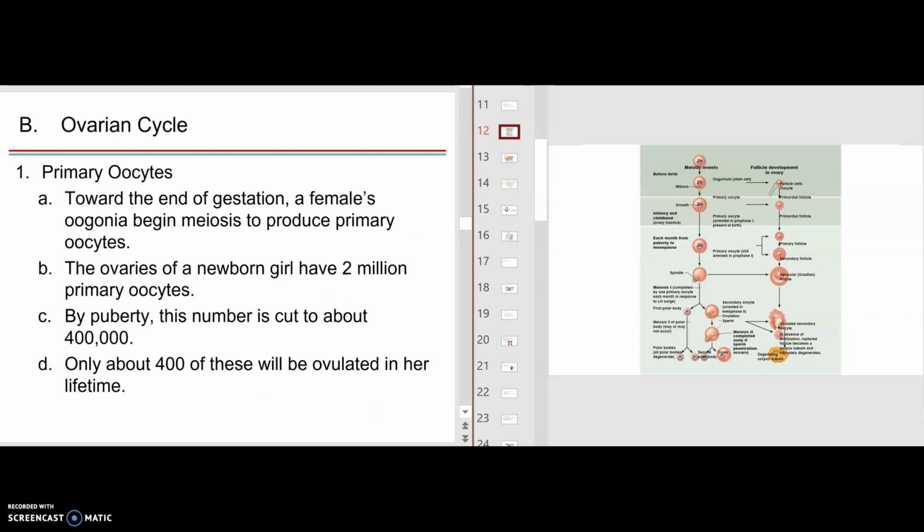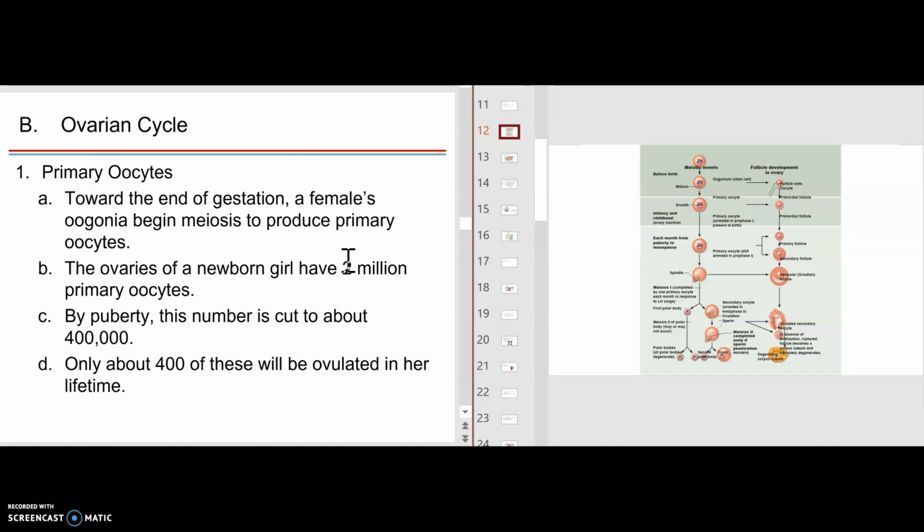Okay, so we go now. Towards the end of gestation, as I mentioned, a female's oogonia begin the meiosis process to produce the primary oocytes. The ovaries of a newborn girl contain 2 million. Now remember, you started with 6 to 7 million, but by the time the girl is a newborn, it is down to about 2 million.